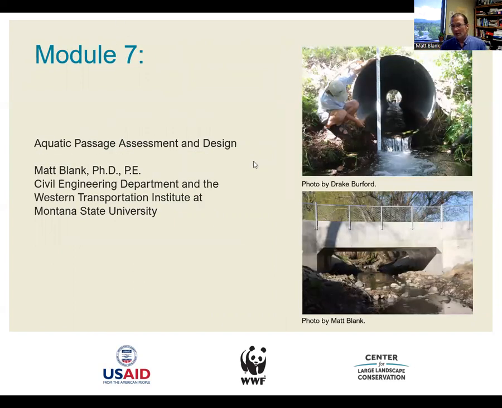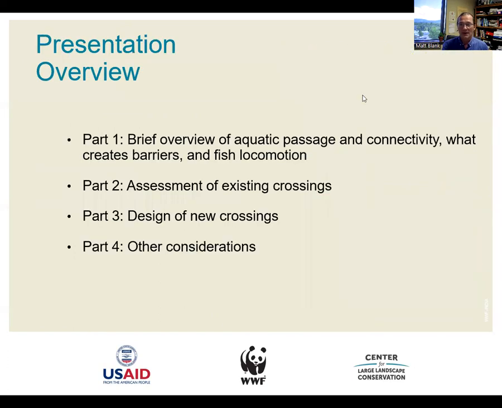Like I said earlier, this is Module 7, and the module is focused on aquatic passage assessment and design. There's basically 4 parts to this presentation. Part 1 is a little background, a pretty high level background that doesn't get too far in the weeds. That background looks at some aquatic connectivity and passage overview.